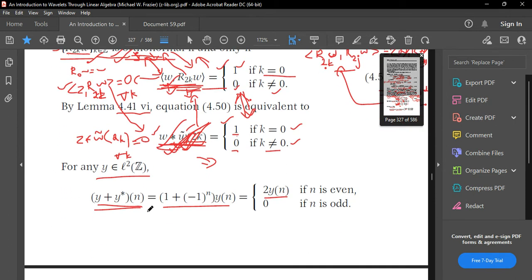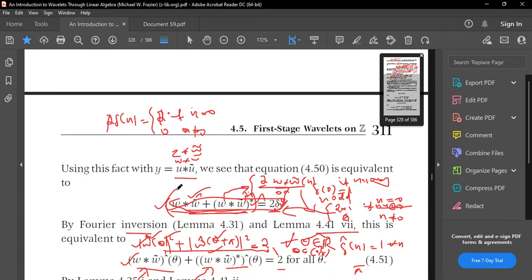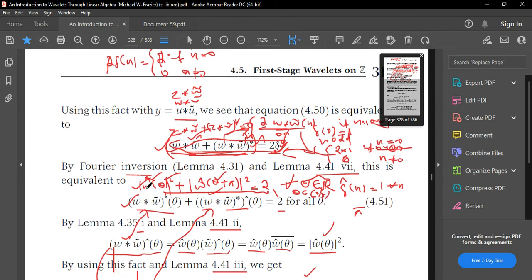Now, this is also true for y. If this y is z star w tilde, what will we get? We will get z star w tilde plus z star w tilde, the whole star, will be equal to 0. So from here taking the inversion, not the discrete Fourier transform, because discrete is in the discrete case.